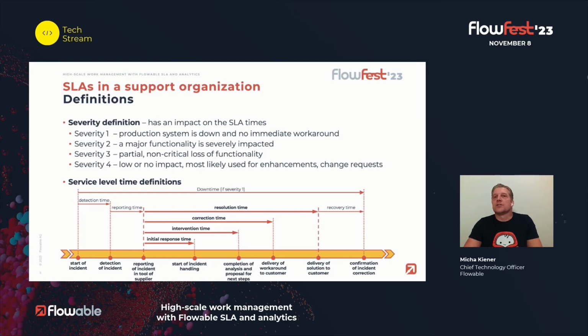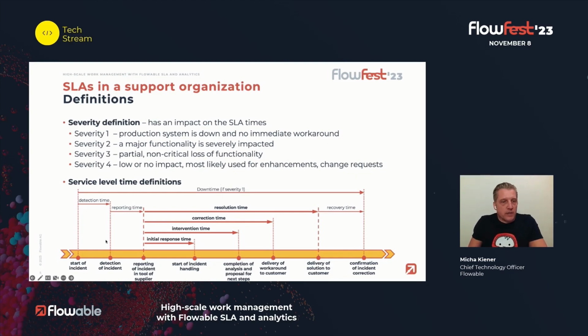Or severity 2, some parts might be affected, but you can still work, down to severity 4. There's low or even no impact. Maybe there's even a request for a change or something you want to track and file on a support organization.